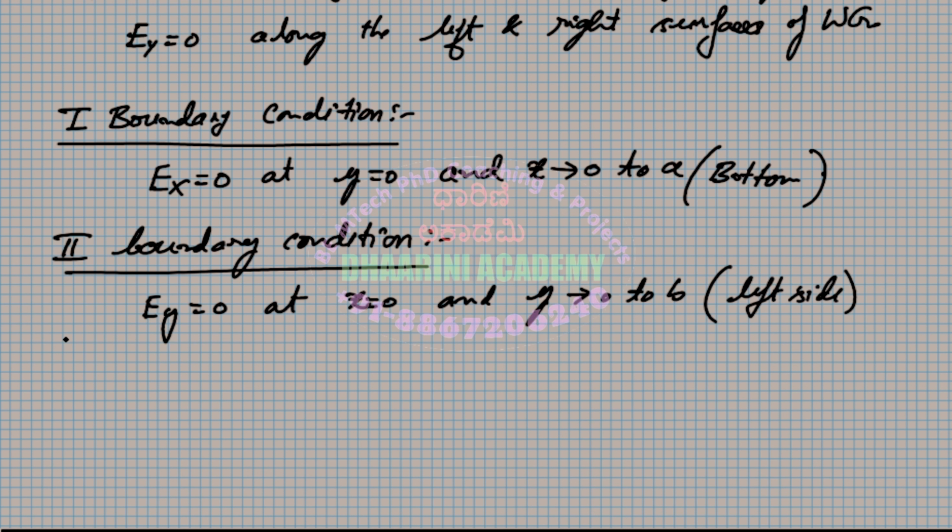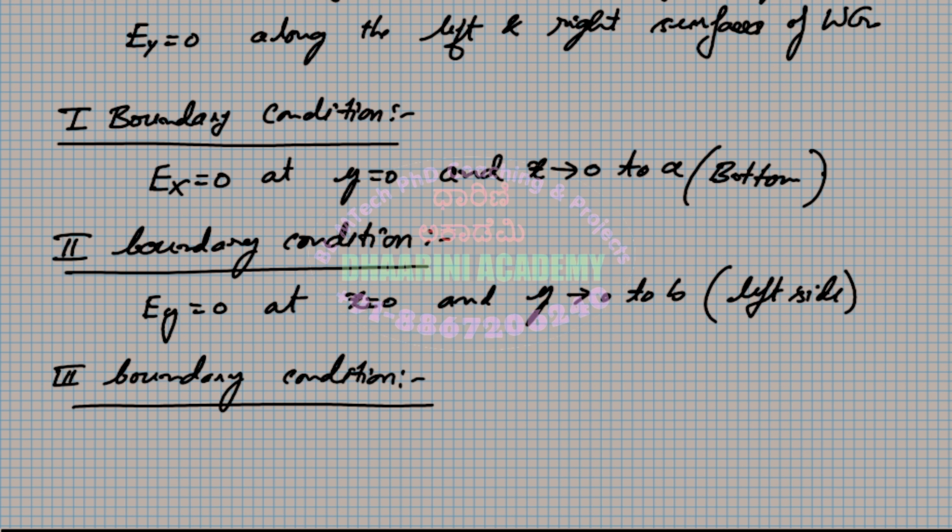Let's go to the third boundary condition. The third boundary condition will apply to the top wall. If you remember, on the top wall the value of y is a constant, correct? y is at a height, and throughout that wall the y value remains the same.